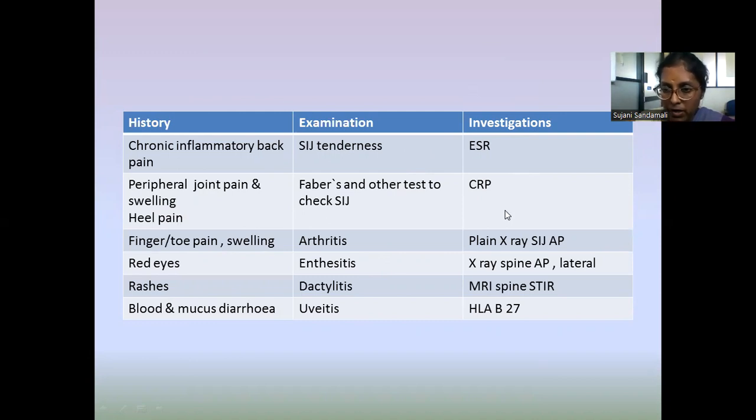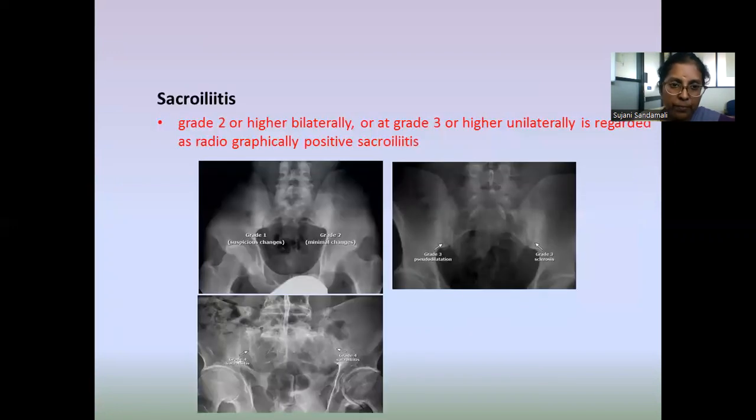Then the plain X-ray SIJ AP view and X-ray spine AP and lateral view, and MRI spine. You have to ask for STIR view especially, otherwise you might miss the diagnosis. Then HLA-B27 as well.